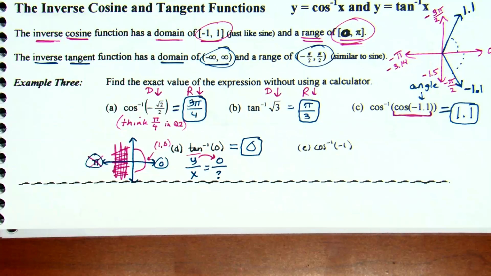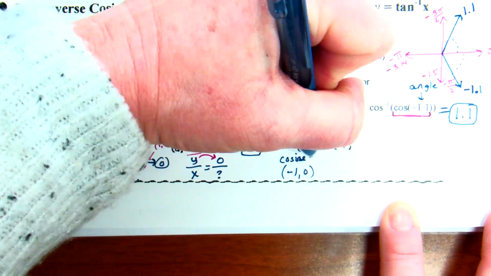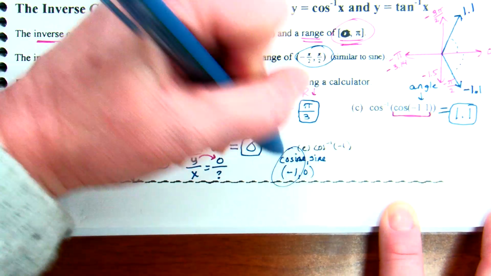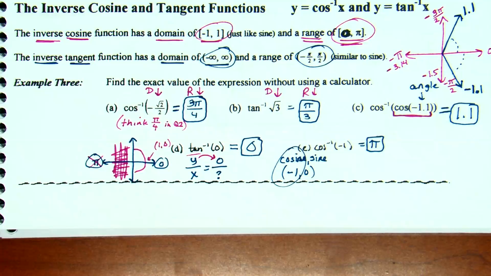So if you think about the ordered pair, -1, 0, and remembering it's cosine, comma sine, well, cosine is -1, and that is happening at pi. And that's okay, because cosine was 0 to pi. That was our range.